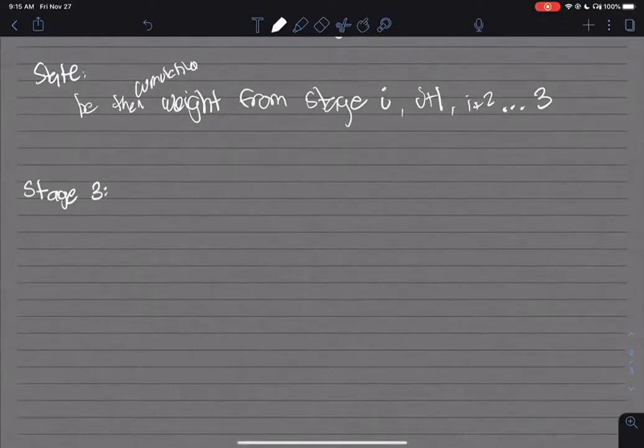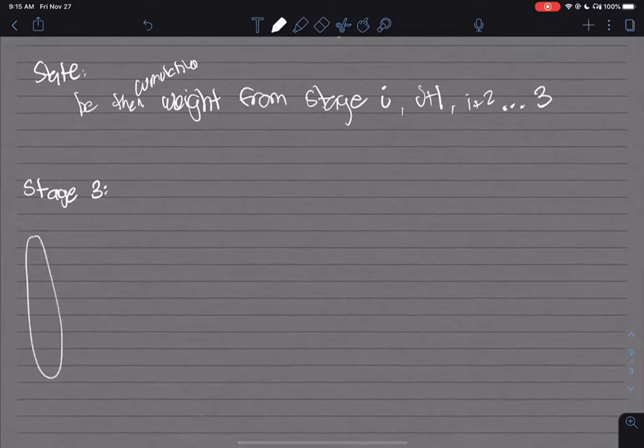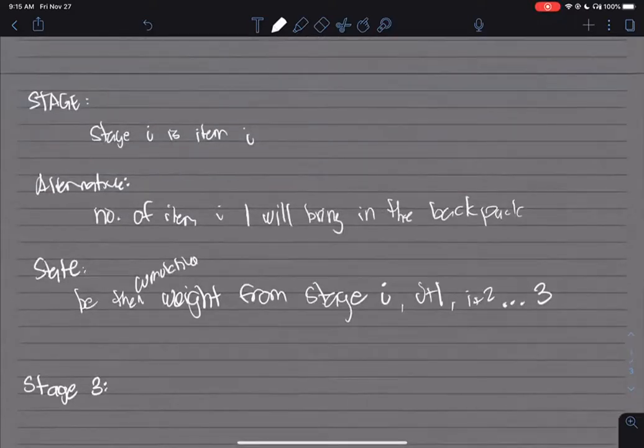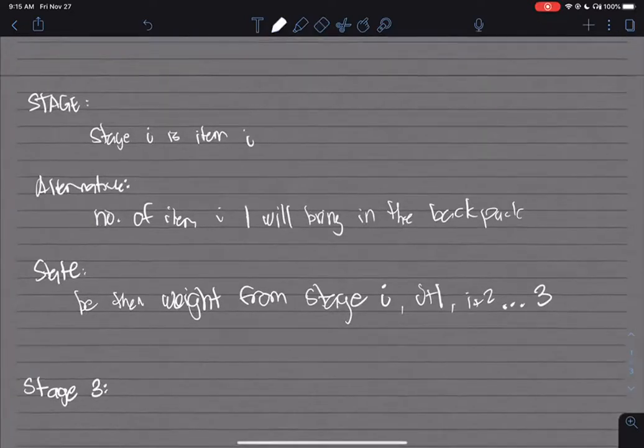Stage 3 refers to item 3, so you will start with item 3. On this part of the table, we will be putting your states. So again, our state is cumulative weight from stage 1, or sorry, I think it will be best if we make it the weight remaining for stage I plus 1, I plus 2 to 3.